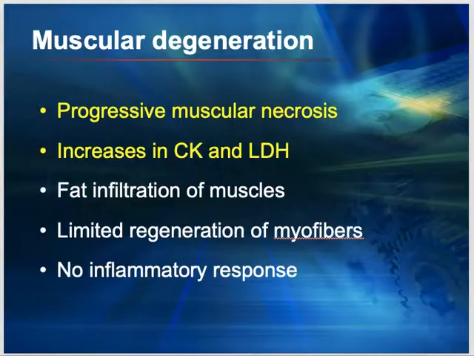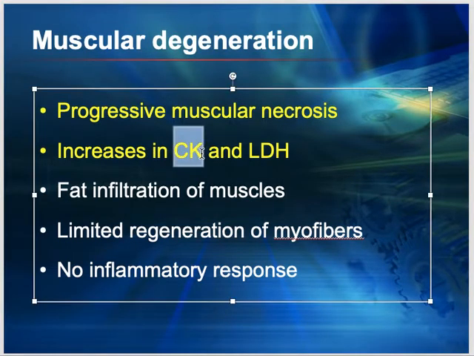muscular dystrophy. Remember, guys, there is some pathology in the muscle. So there is muscular degeneration going on, progressive muscular necrosis going on. There will be an increase in CK. I told you, creatine kinase and LDH. LDH is present practically in every cell of the body. And because the muscles are not normal, there will be fat infiltration over time in the muscle.